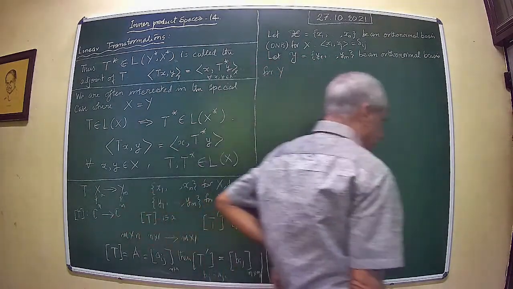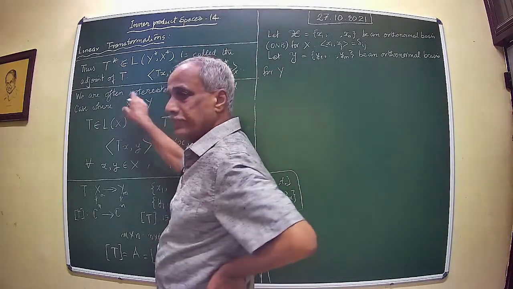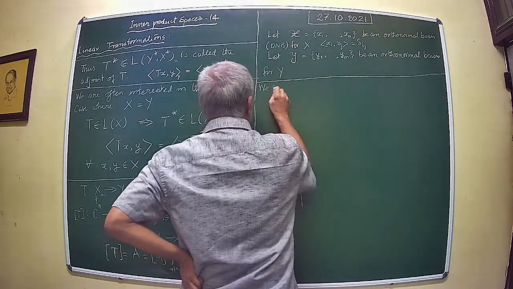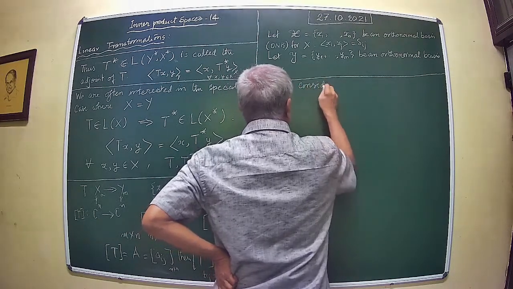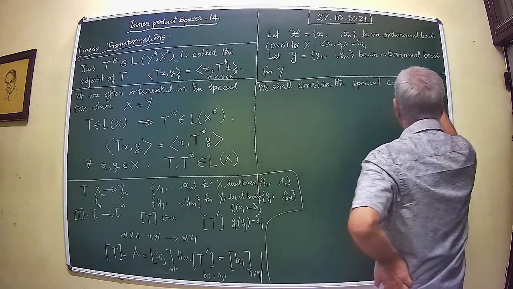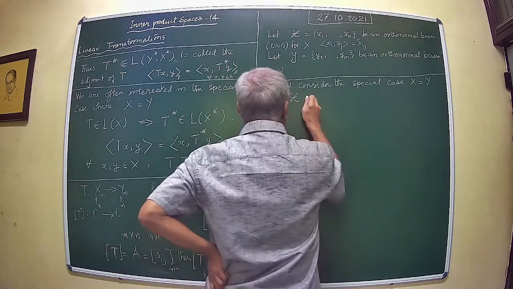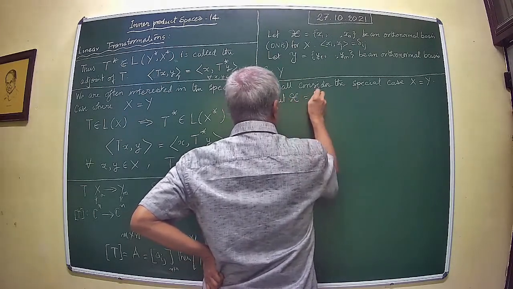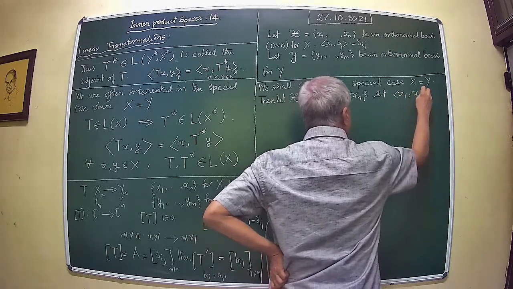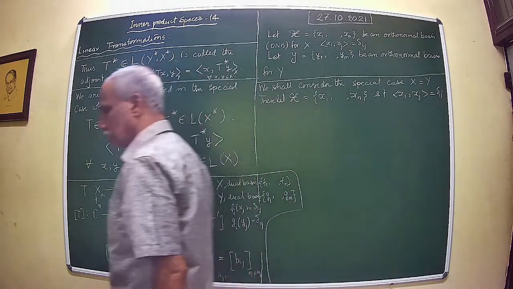Now let me do one thing. Since we do not require this much generality, but we will often be dealing with x equal to y, we shall take x equal to y, consider the special case. And then this is the orthonormal basis. So for y also you can choose the same orthonormal basis.